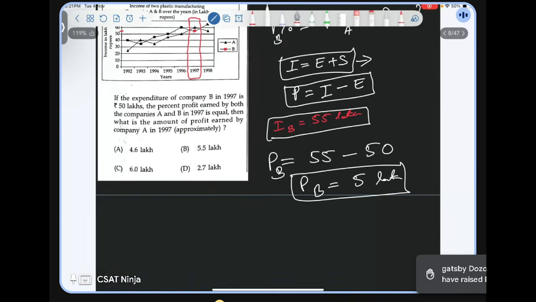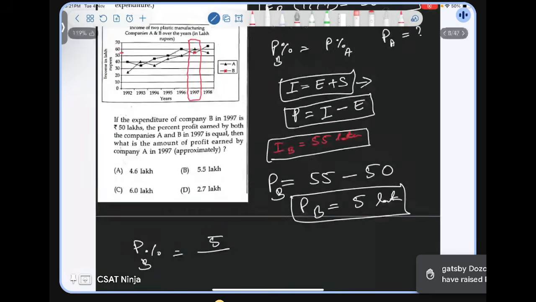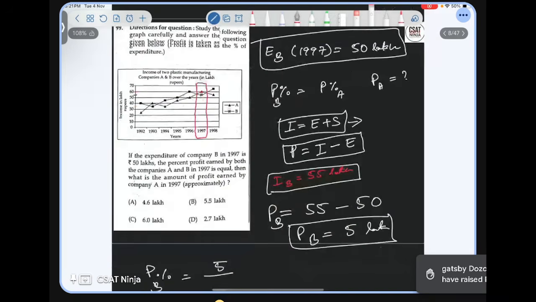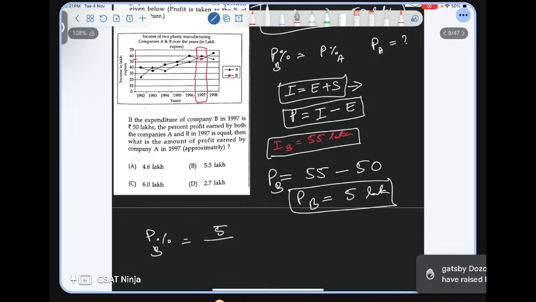But I need to find the profit percentage of B. B is earning a profit of 5 out of how much? What was the total income of B in the year 1997? In 1997, B's income was 55 lakhs. So 5 divided by 55, and I need to get my answer in terms of percentage, so I'll multiply by 100.